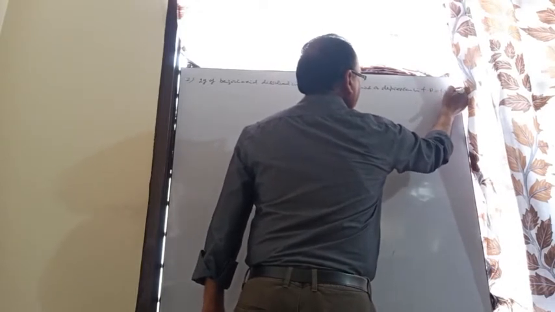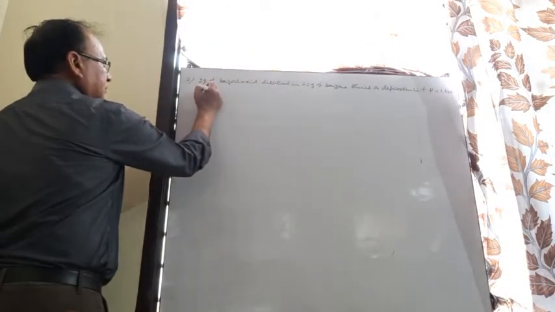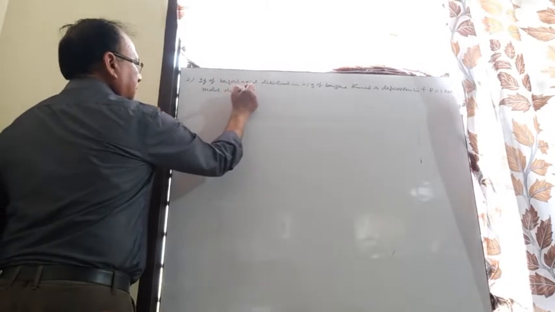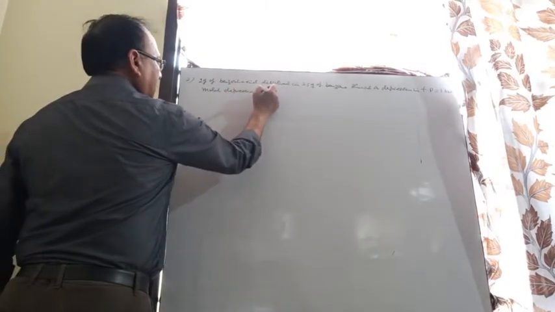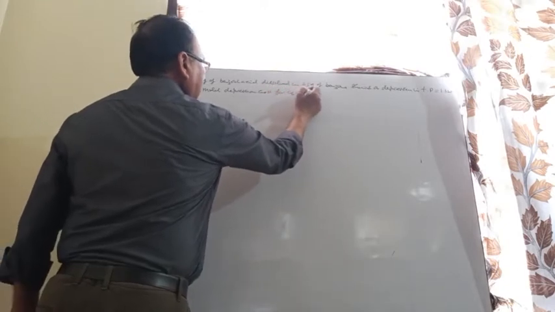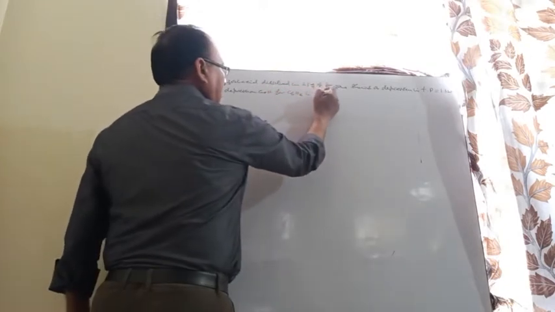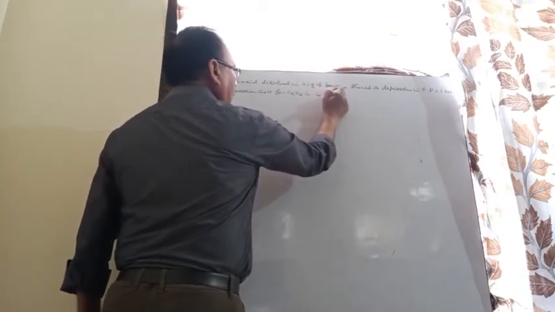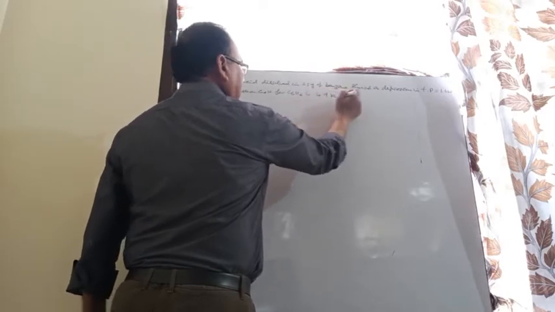Okay. Molar depression constant for benzene, C6H6, is 4.9 Kelvin kg per mole.